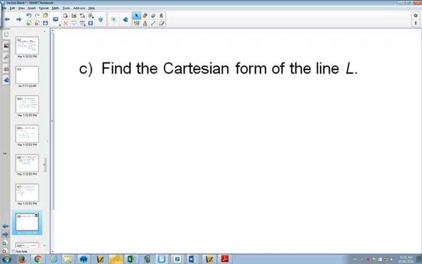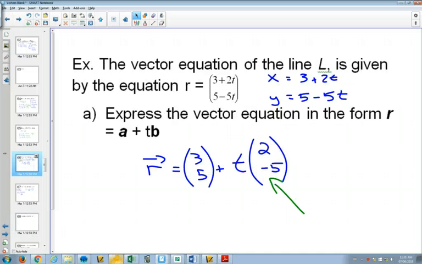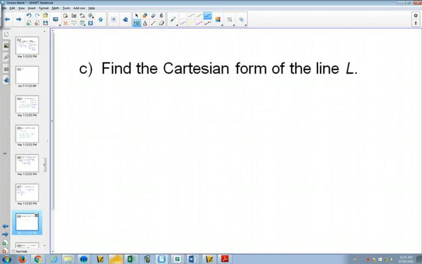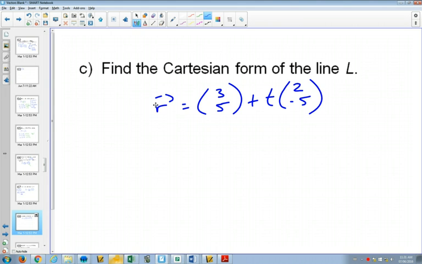In part C, we want to find the Cartesian form, so just have a look, 3, 5, 2, negative 5. So there was our vector equation of the line. If we want the Cartesian form, you'd probably have to start by going to the parametric form.